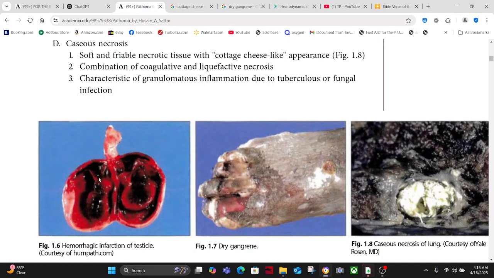The testicle, lungs, and the heart all have dual blood supply, and that's where we see red infarction more, because blood can come back in after infarction.